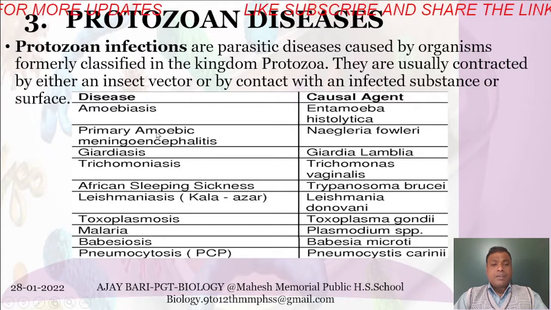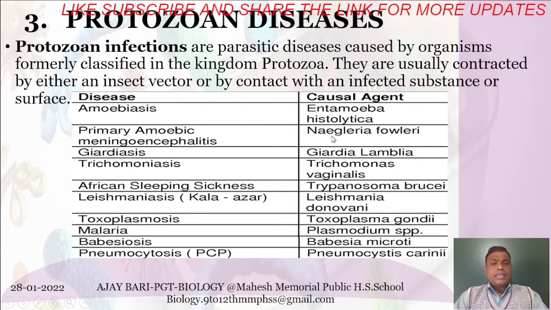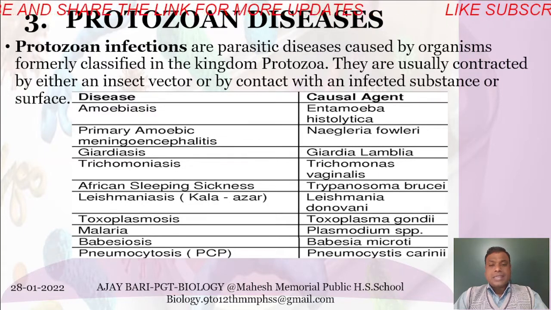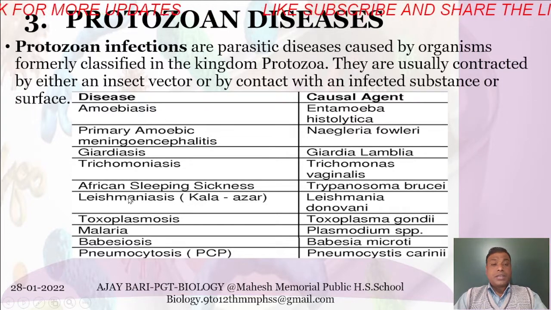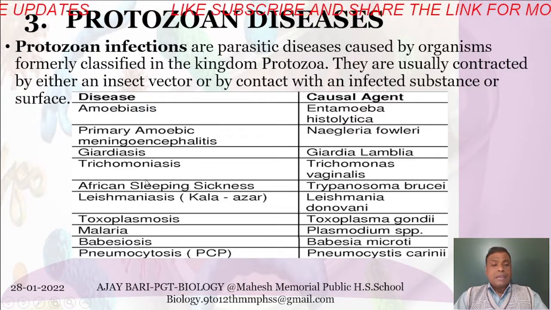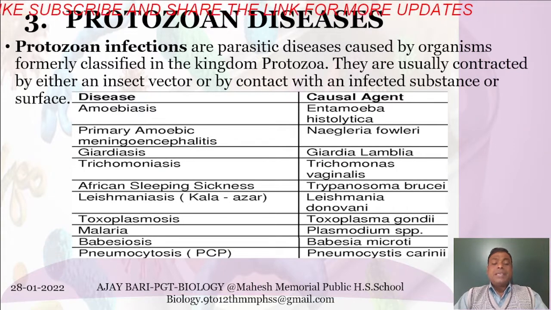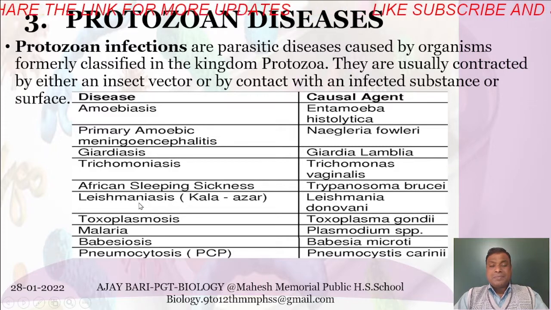Second one, primary amoebiasis, is mostly not seen in India, but it is in African areas. So here some of the diseases caused by protozoa are given, and from these we are going to cover two diseases, that is malaria and leishmaniasis. So take a look.